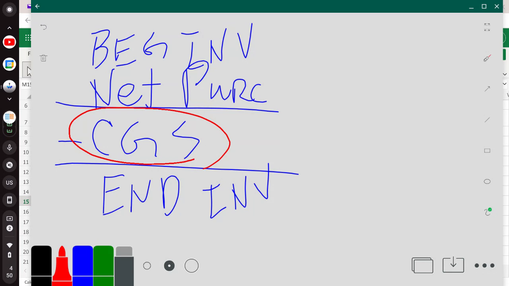If your competitors know your true CGS, then they may be able to undercut you in terms of cost, or they know how much gross margin you have. These are sensitive information that you don't want outsiders to know.